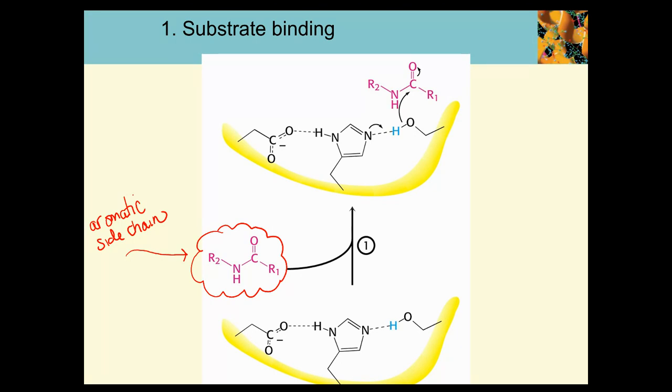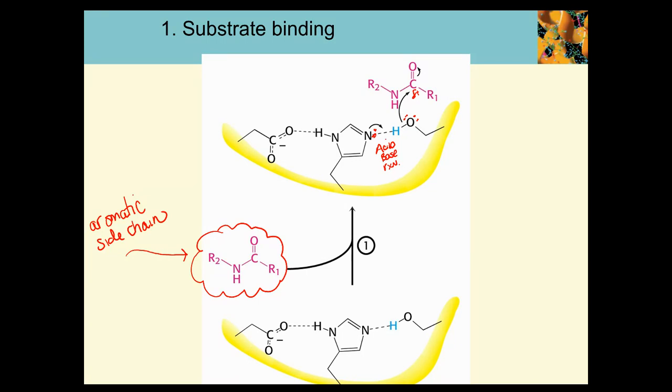Okay, so in step one, here's our active site, and see this nitrogen with the lone pairs. It's going to grab the H from the serine. And at the same time, so that's going to be an acid-base reaction right there. At the same time, the serine has those lone pairs, and it's going to attack the carbonyl group.